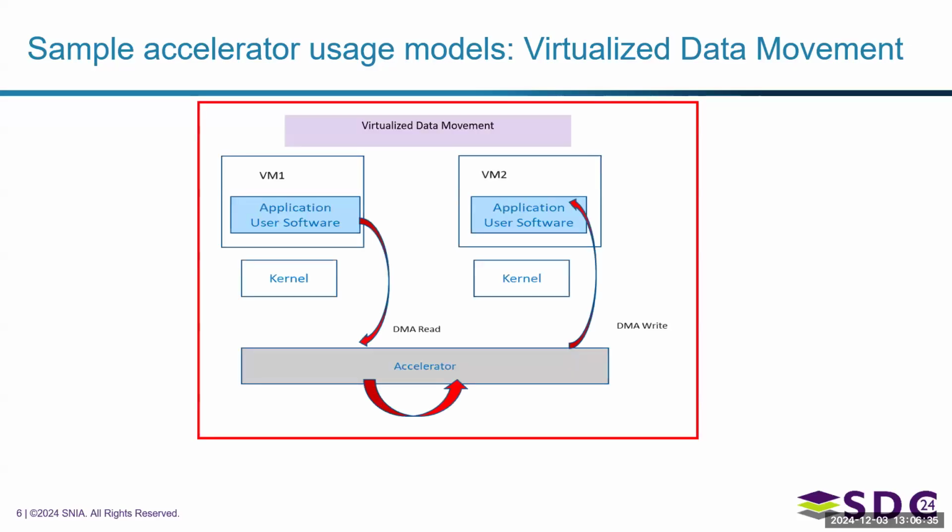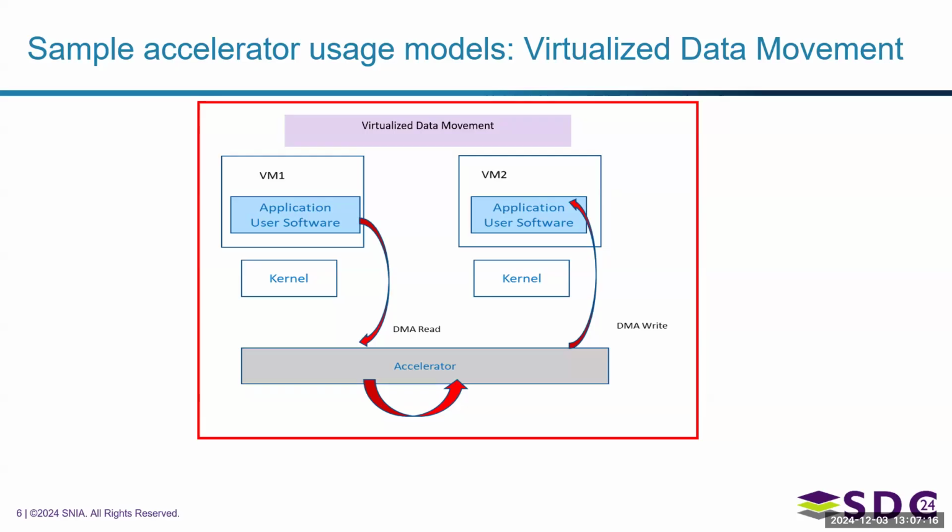The next use case is a virtualized data movement use case, where your actual application is virtualized and you may not have one but multiple applications. They're all in different address spaces, and you need an accelerator interface that can actually move the data even if the application is virtualized, which means that the accelerator needs to be able to understand user virtual addresses or guest virtual addresses, because that's the level of translation you need to be able to reach into the virtual machine's user space buffers.